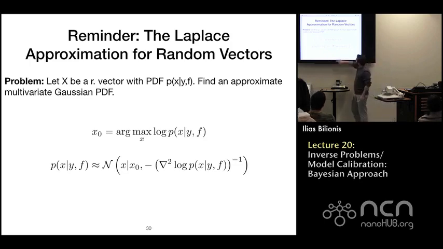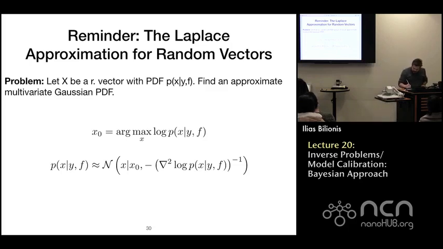But seriously, all you need to do is take your posterior and maximize it. To maximize it, you don't need to know the normalization constant because it is just a constant, right? So you maximize it, you find the x at which the posterior is maximum, and then you need the second derivative of the logarithm of the posterior, and that's going to give you the covariance matrix. Okay, all these are described earlier on.